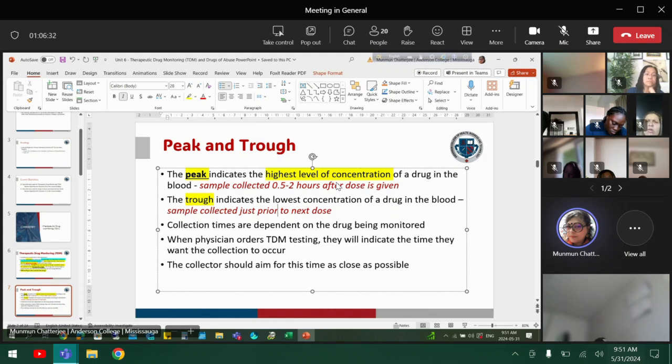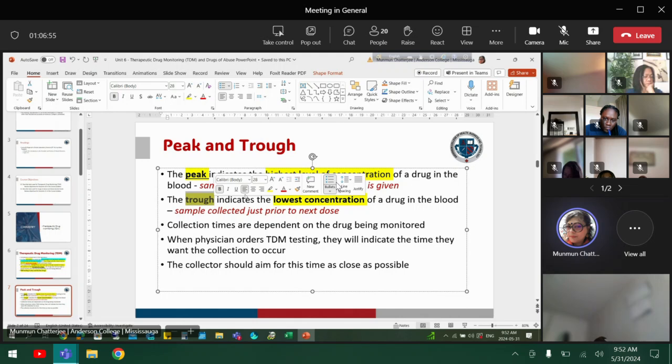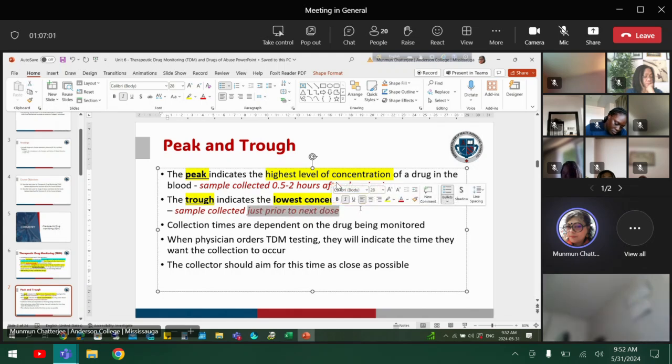So when you are taking the blood to do the analysis just before, that is basically considered as the 0 hour, where there will be the lowest concentration. So trough indicates the lowest concentration of the therapeutic drug, and generally the sample is collected just prior to the next dose.